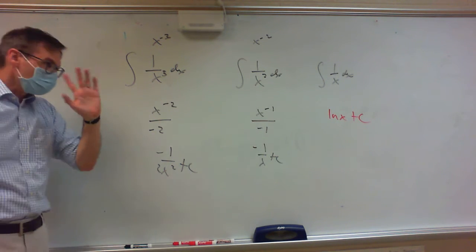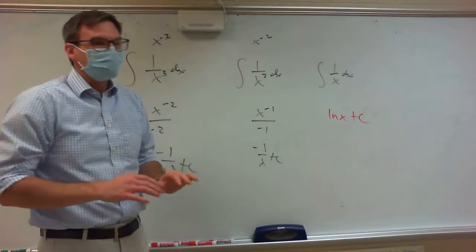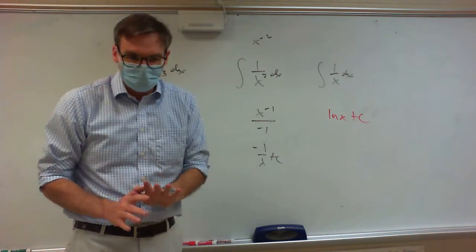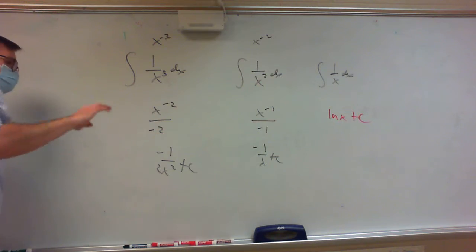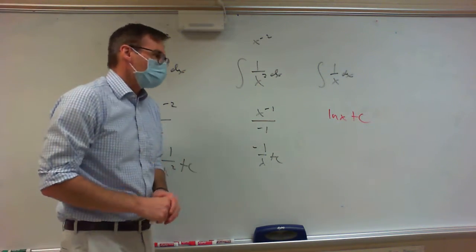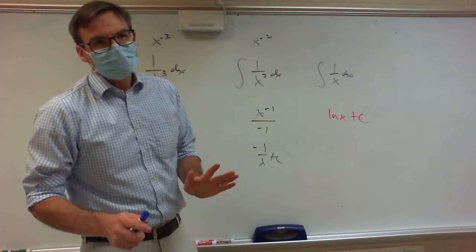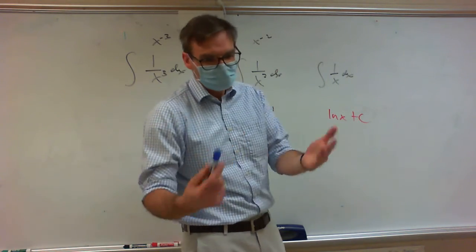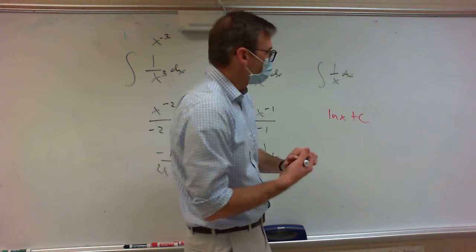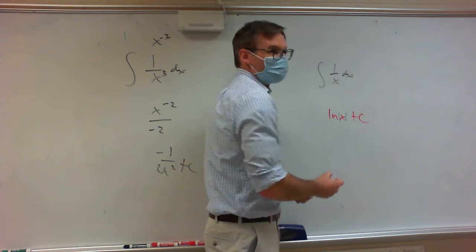Now, I do need to mention a shortcut I make that every math professor is probably going to yell at me about. Technically, when you look at the answers in the back of the book and everything else, they're going to put absolute value bars around it.